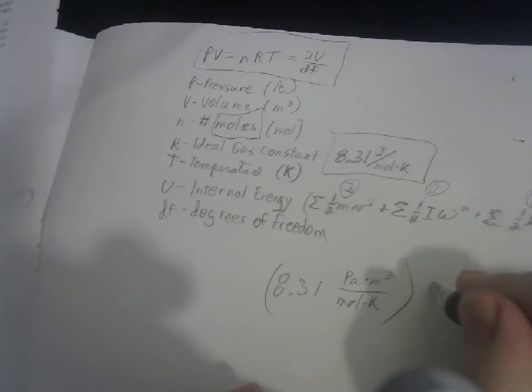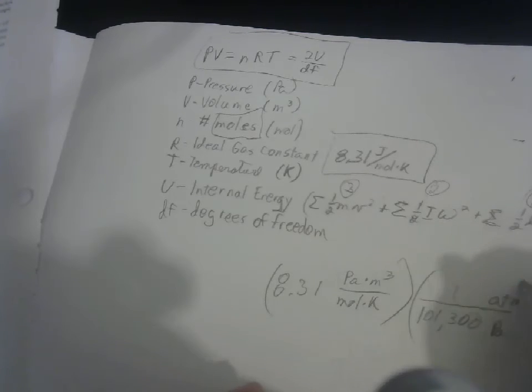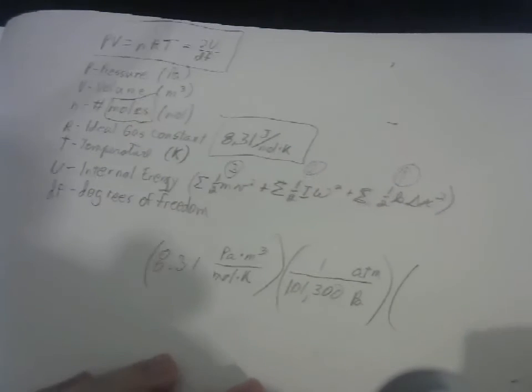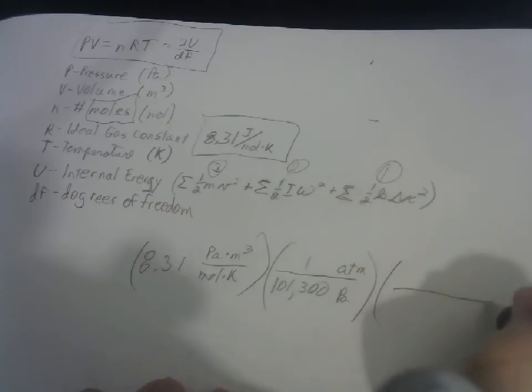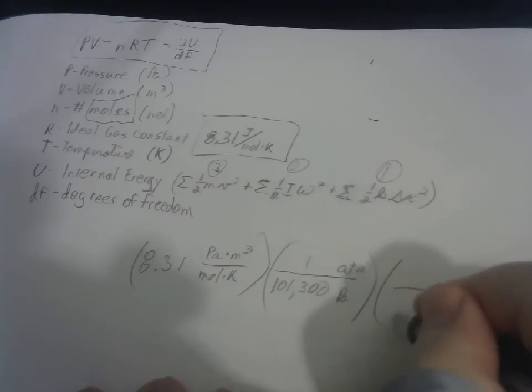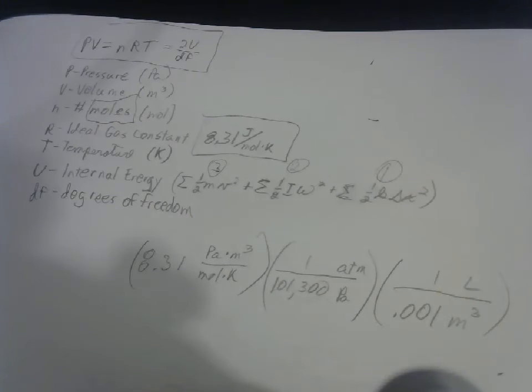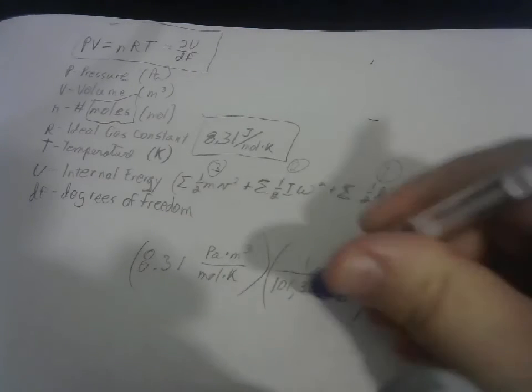So then I'm going to write down how many pascals is in 1 atmosphere: 101,300. And how many cubic meters is in a liter? There are 0.001 cubic meters in a liter. But we're not going to use 101,300.